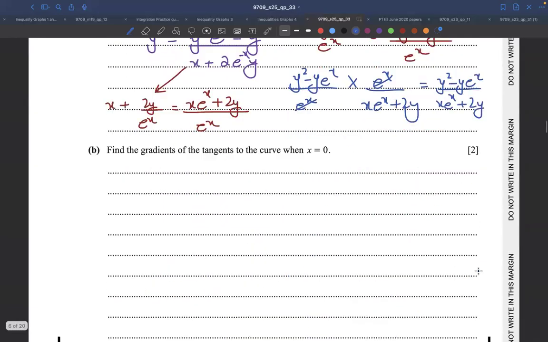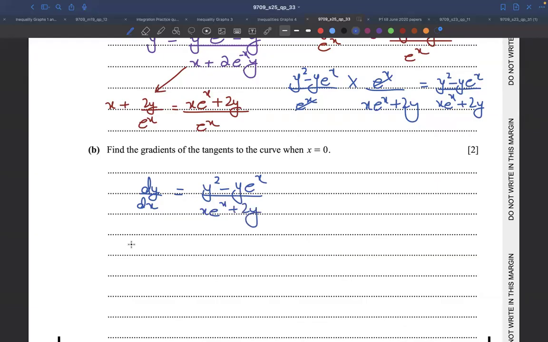Now in part B, it says find the gradients of the tangent to the curve when x is equal to 0. So we know that dy/dx represents the gradient of the tangent. So we have the expression for dy/dx already, as given in the first part. Now we'll put x equals 0 here.